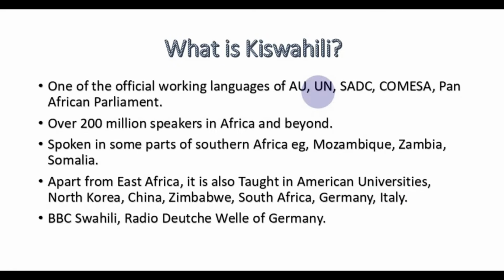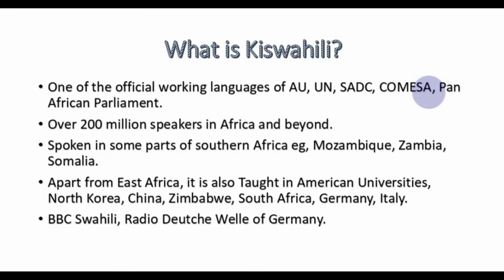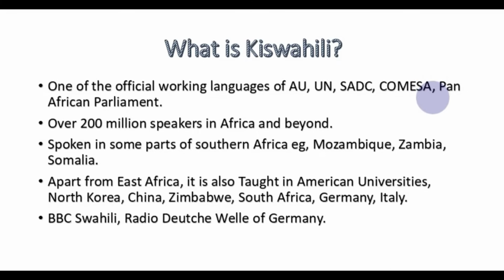So, in light of its status and wide linguistic coverage in Africa, Kiswahili is also one of the official working languages of the African Union, AU, United Nations, UN, Southern African Development Community, SADC, Common Market for Eastern and Southern Africa, COMESA, as well as the Pan-African Parliament in Africa.